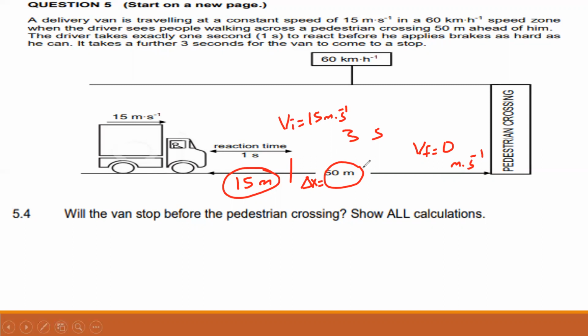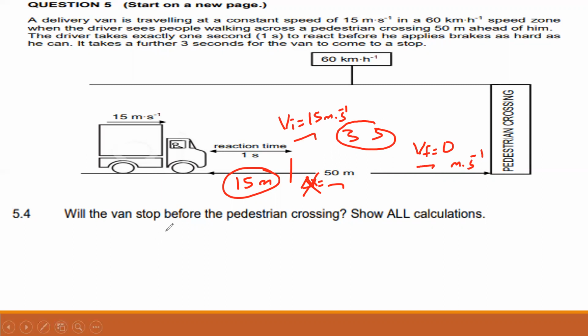So we are looking for what? Oh, sorry, this is not displacement. We cannot use this 50 meters, because 50 meters is the total, all of them. Okay, we are looking for displacement for 3 seconds. We know time, we know initial position, we know final position.